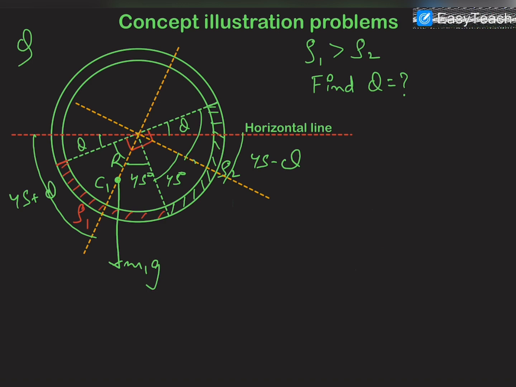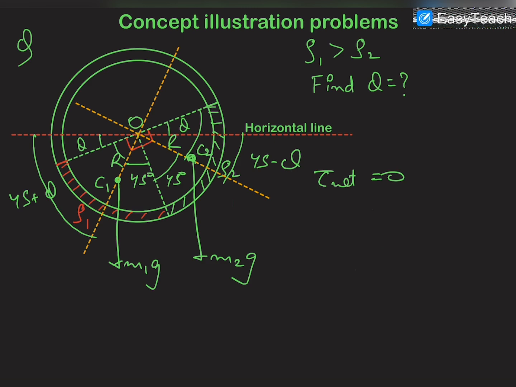Again its center of mass will be at a distance of r from the center. I do not need to know the value of r because it would cancel out. So this is m2 g. Now if this liquid is in equilibrium, then the net torque about the center, about this point O, will be 0.